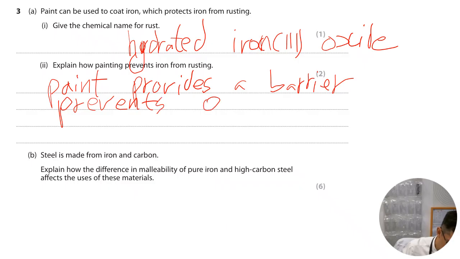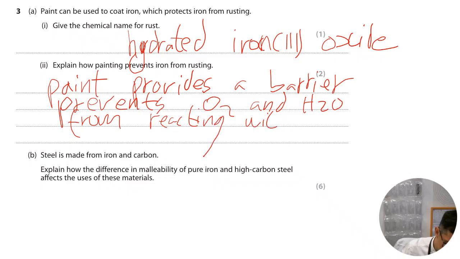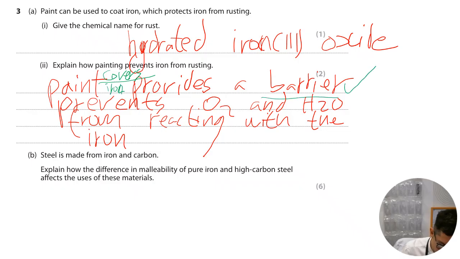It prevents oxygen and water from reacting with the iron. I'm going to add in the word covers, so covers the iron. That might be a keyword. I think actually providing a barrier is probably the mark there, and then talking about what it's preventing will be a second mark.